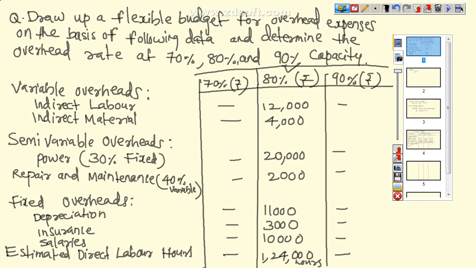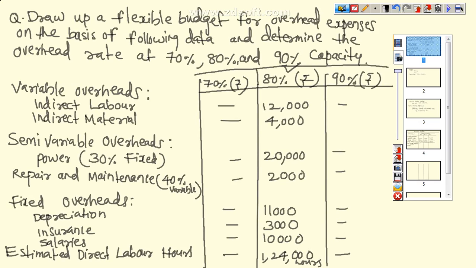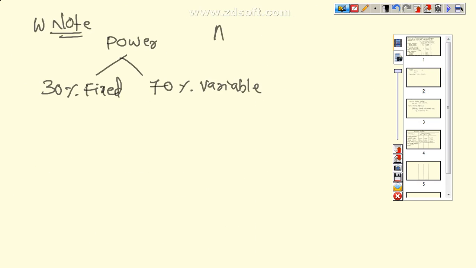So we write it there, power, and here we make the working note. Power is given 30% fixed, so we write it here, 30% fixed. The remaining part is 70%, which means variable. According to the question, power amount is equal to 20,000.